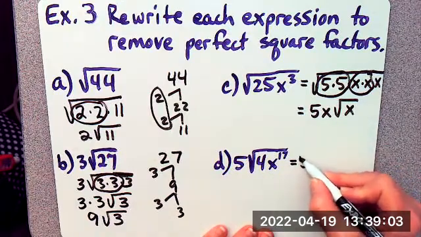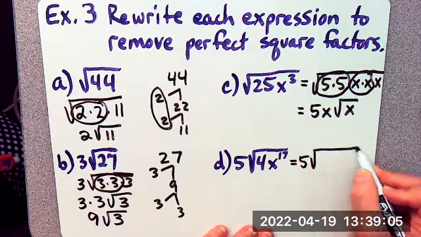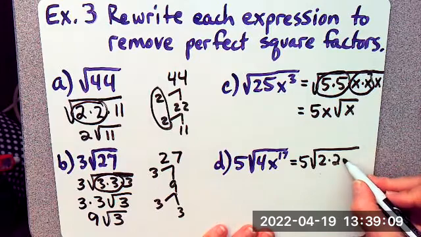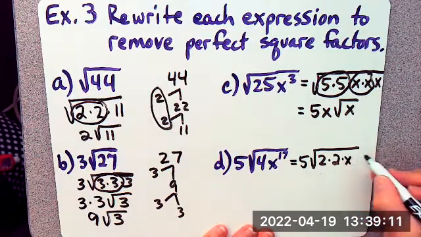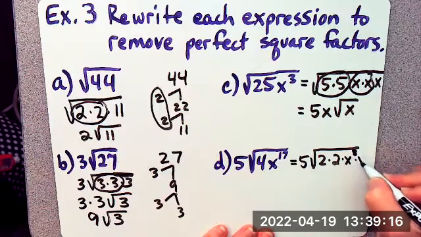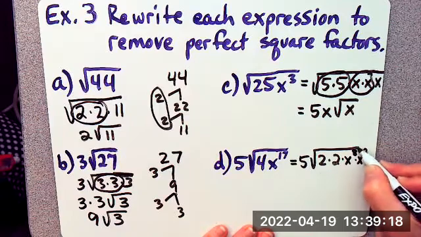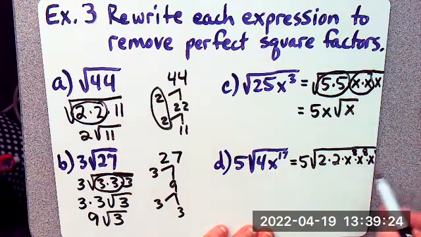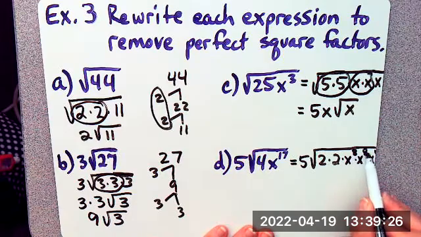So we have 5 times, and we know that 4 factorizes as 2 times 2. And then we can say x to the 8th times x to the 8th times x to the 1 right here. So 8 plus 8 is 16 plus 1 is 17.